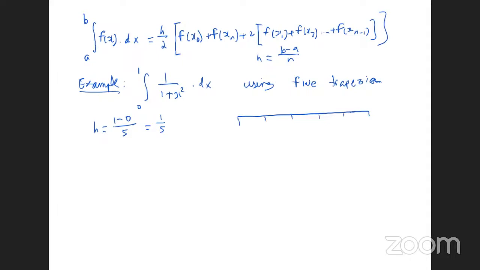So this is 0, and each step gives you the increments: 1/5, plus the next 1/5, plus the next 1/5, plus the next 1/5, up to 1. So that gives you an idea of how we break it into 5 equal trapezia, and they are always equal. Are you with me so far?